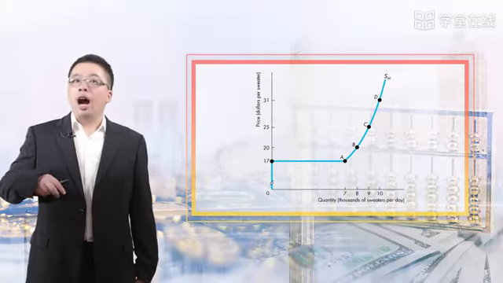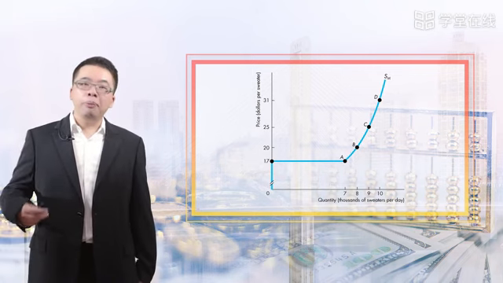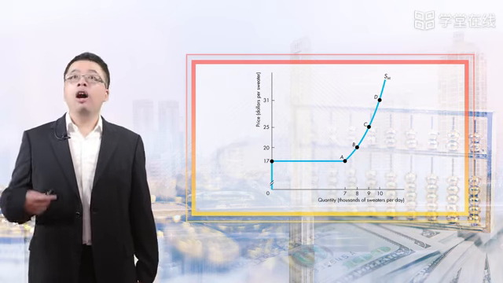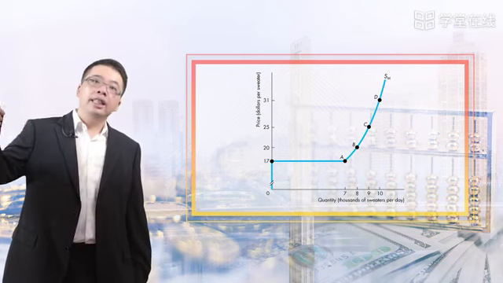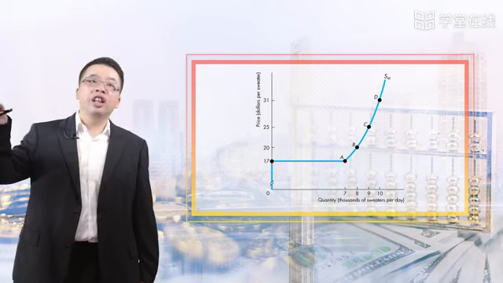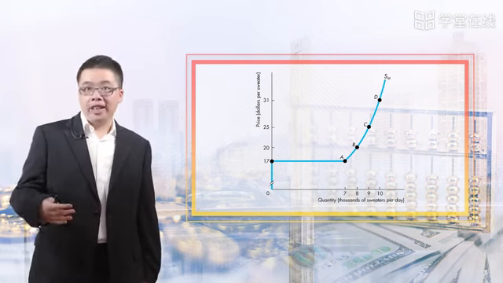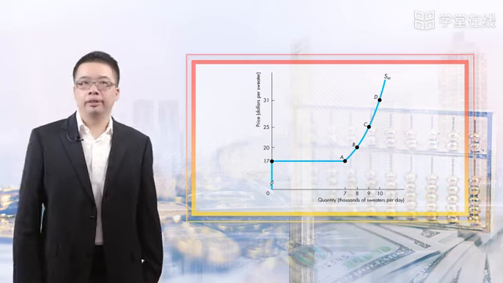Above the price of 17, as price goes up, firms are likely to provide more output, which gives the points B, C, and D. This is the upward sloping curve that we are familiar with, the upward sloping supply curve.